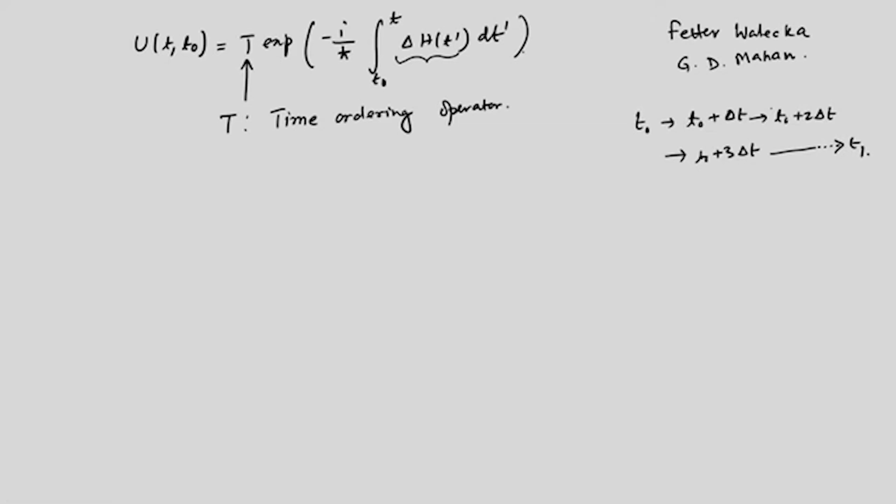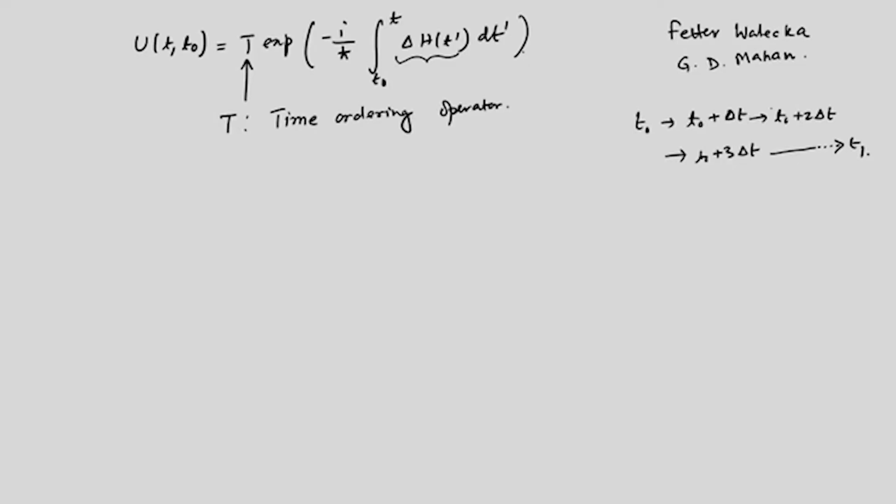So, you need a mechanism which orders these from the earliest time to the right or left, whichever. Basically to order these times in the sequence in which they are occurring. And why is that important? It is important because your delta H at time t1 will not commute with delta H at time t2 in general. Otherwise, if they commute at all times, then there is no problem.